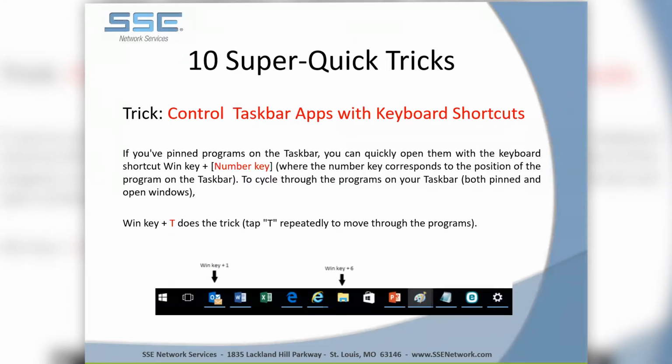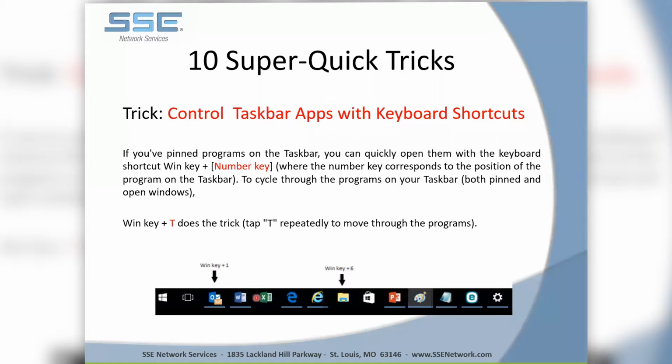Okay, this is another interesting thing. If you're like most people, here's your Windows Start menu, but you have opened the Start menu and you pinned down here to the bar the applications that you use most. Well, let's say, for example, that you have this open, this open, this open.